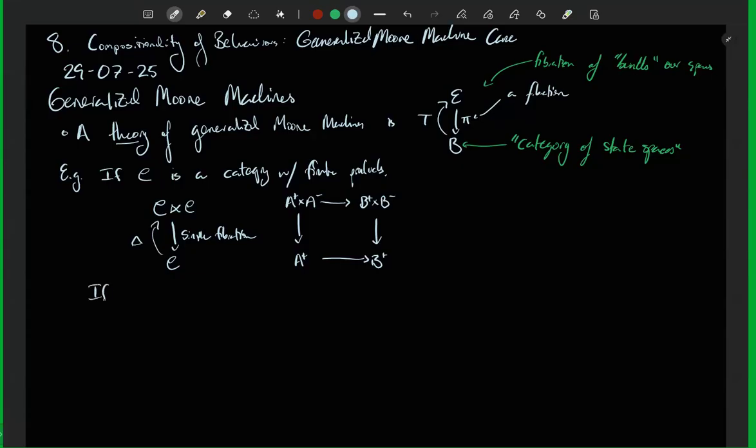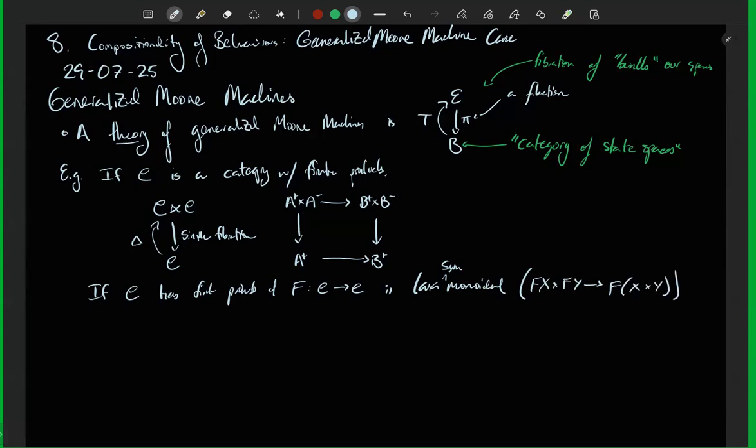So if C has finite products and F from C to C is lax-symmetric monoidal, which means we have something like Fx times Fy to F of x times y, then we can also take this to be the simple fibration.